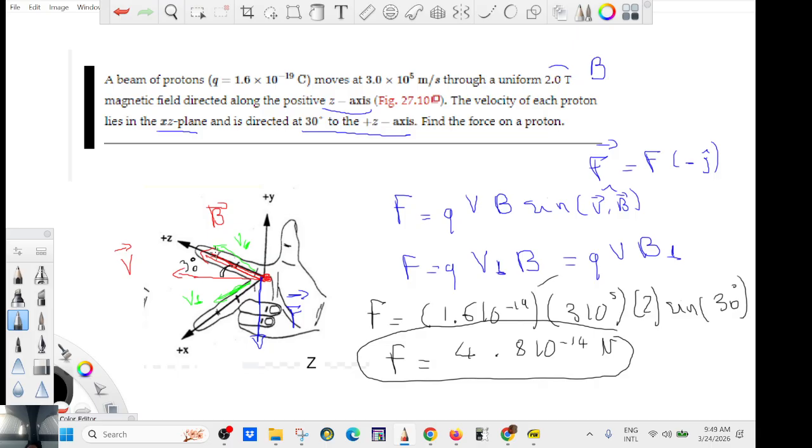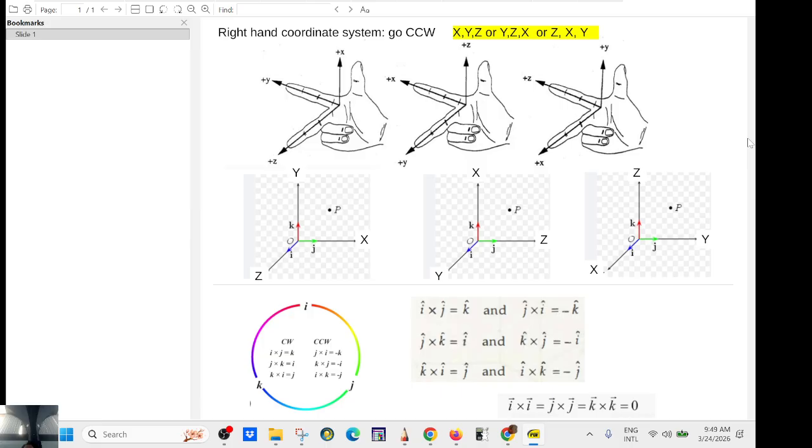Now you could do the opposite. You could say B has two components, one along V and one perpendicular to V, and you will get the same. Okay? Are we good? If you go to engineering, more advanced stuff, this is important to understand. This is the right-hand coordinate system. It has to follow a direction.